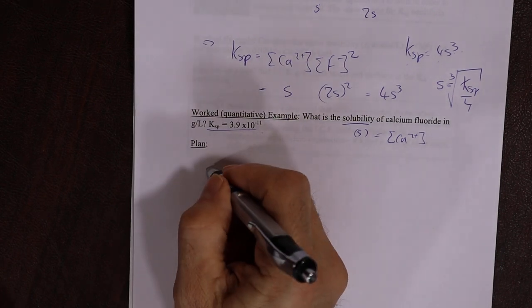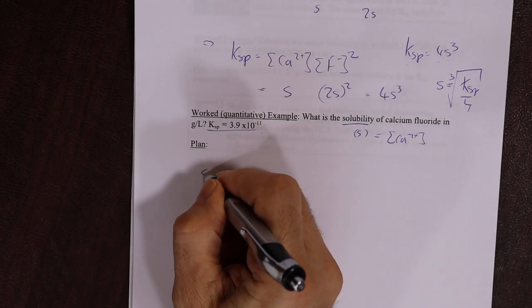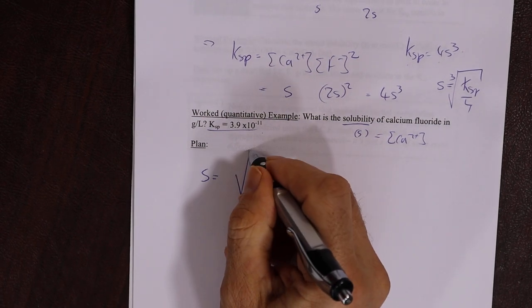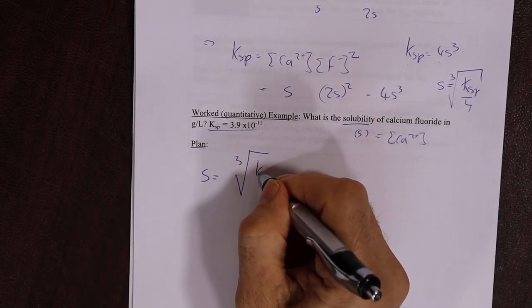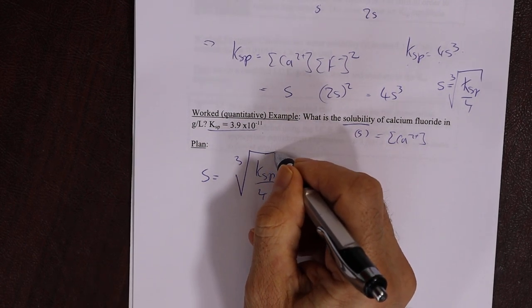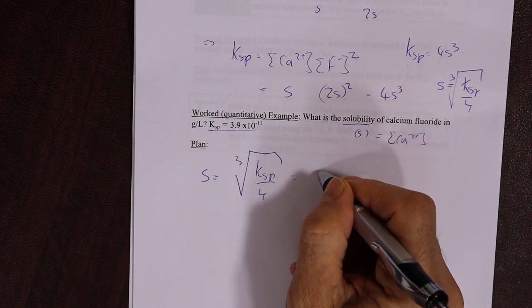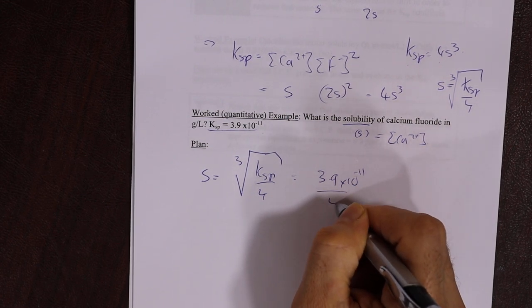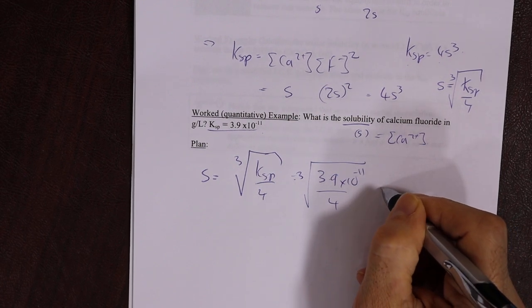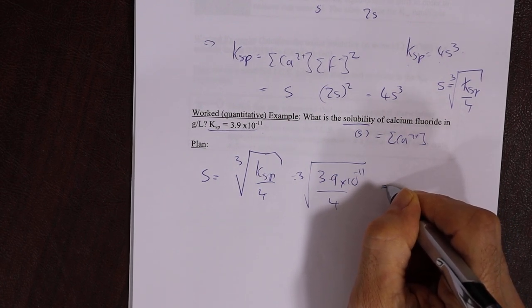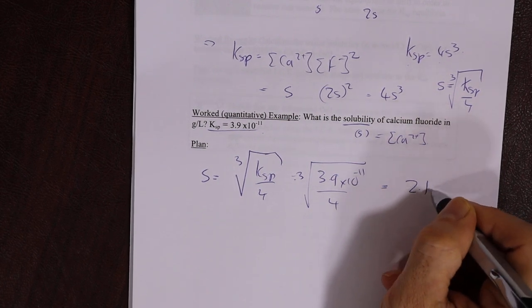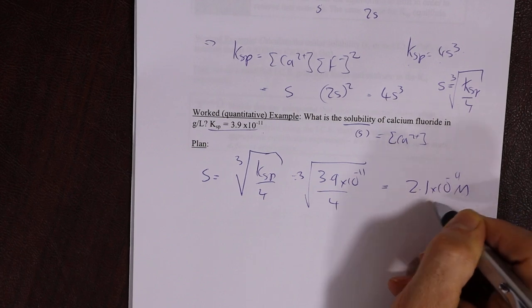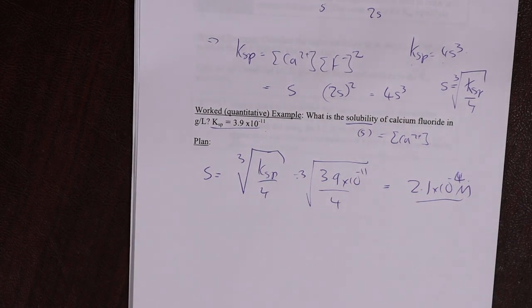We're just going to use that equation: S equals the cube root of Ksp over 4. Well, that's easy, right? 3.9 times 10 to the minus 11 over 4, cube root, which equals 2.1 times 10 to the minus 4 molar. Okay, fair enough. That wasn't so bad.